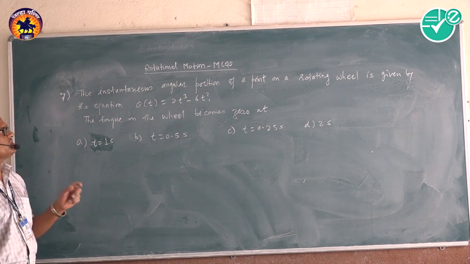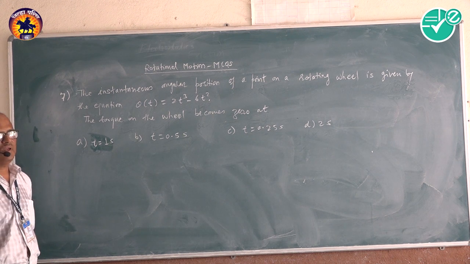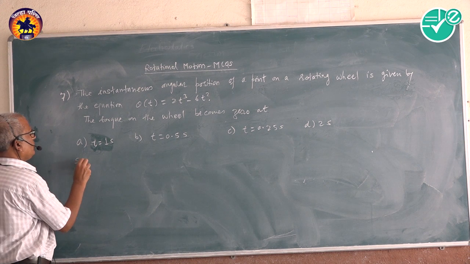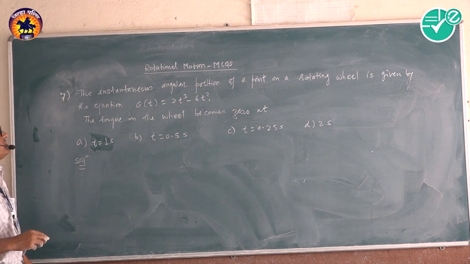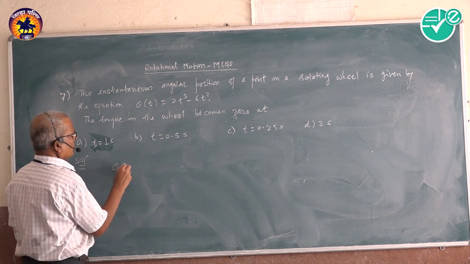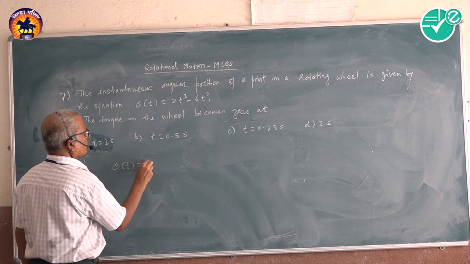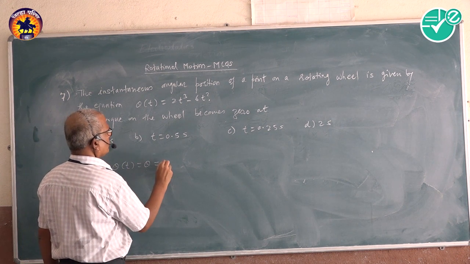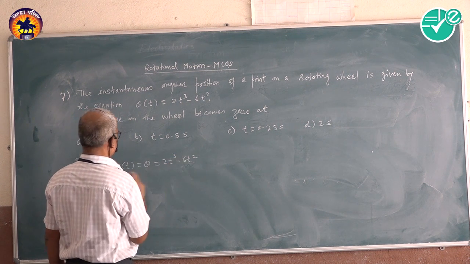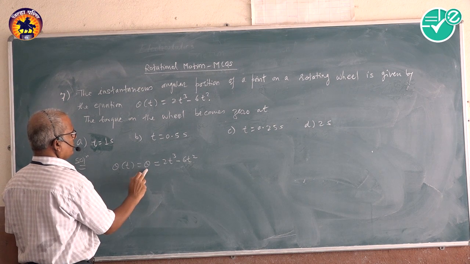The angular displacement is given in terms of time. So we have to take the derivative of the angular displacement. We can write theta is equal to 2t³ minus 6t².